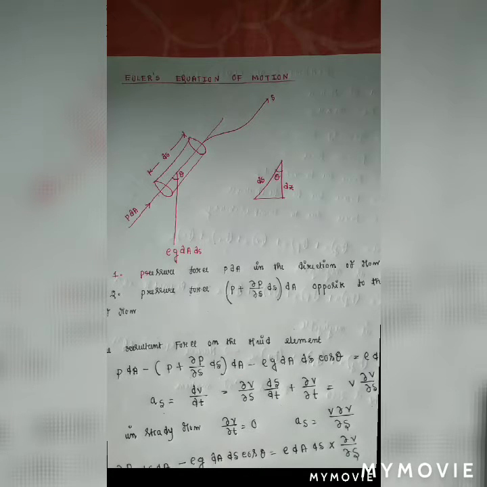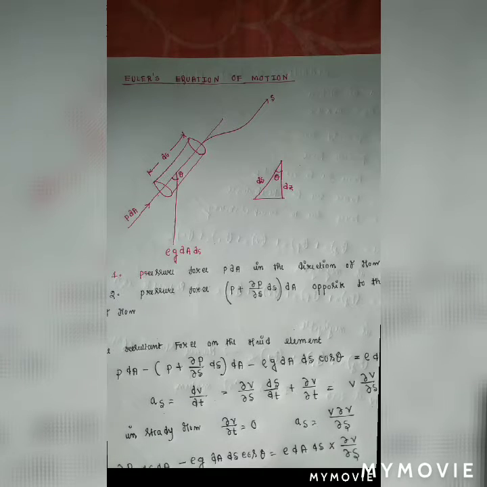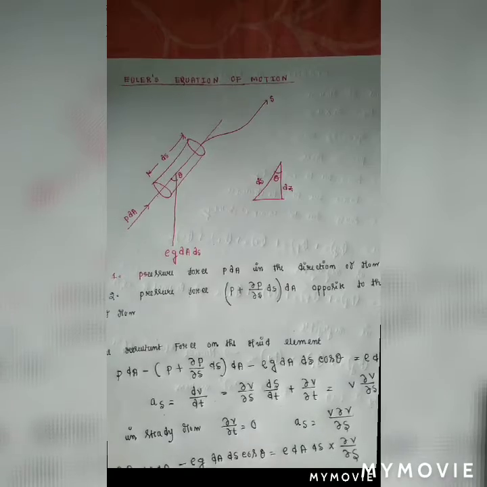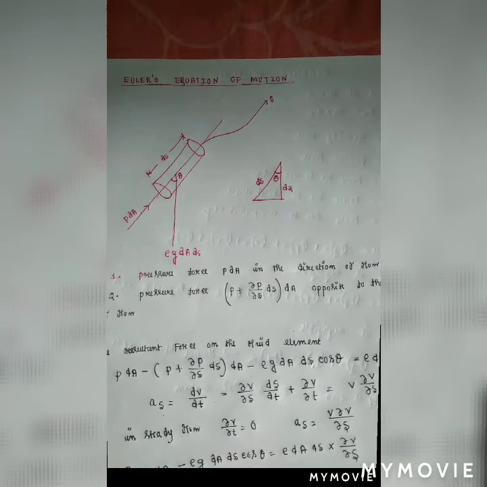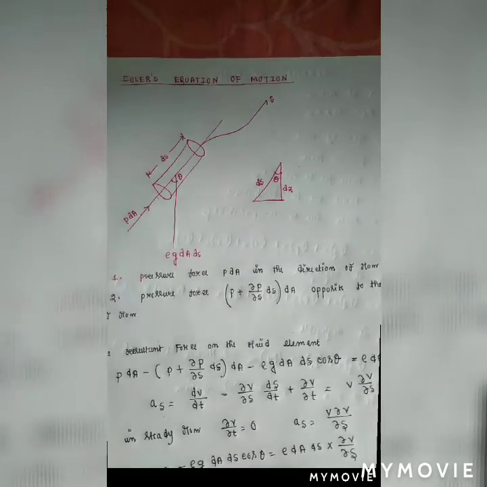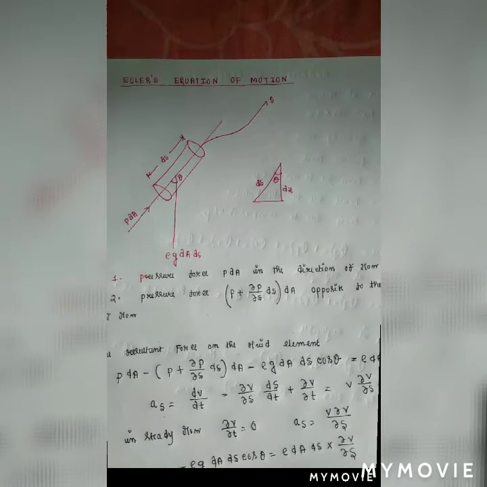Then I can get minus del p by rho ds minus g cos theta equal to, I can divide this section by rho ds dA in both sections.